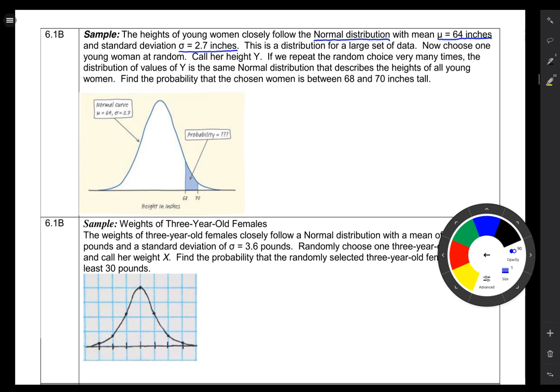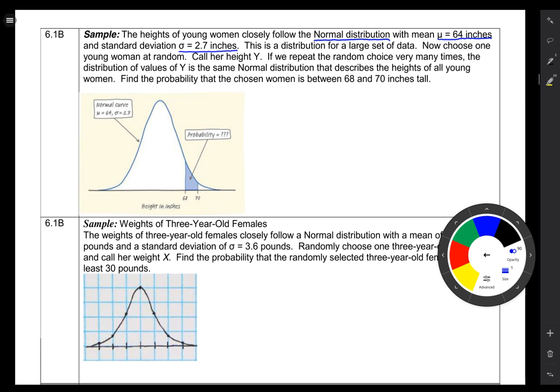This is a distribution for a large set of data. Now choose one young woman at random. Call her height y. If we repeat the random choice very many times, the distribution of values of y is the same normal distribution that describes the heights of all young women.